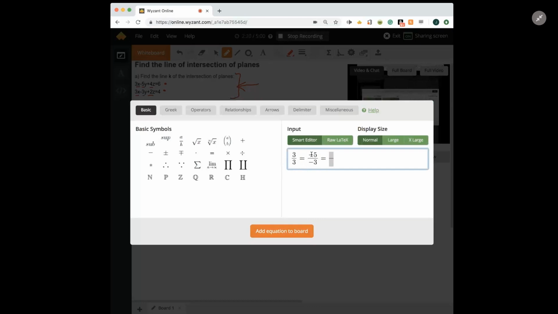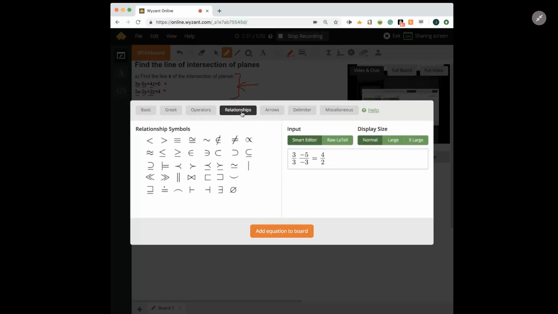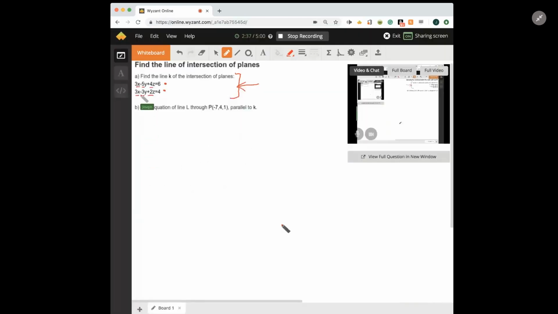Well, I think you can already see that 3 over 3 is not equal to negative 5 over 3, and that should be equal to 4 over 2. We can plainly see that this is not the case. This is not equal, right? So we already know that this problem's a go. These planes are not parallel, therefore they do cross, therefore there is a line of intersection.